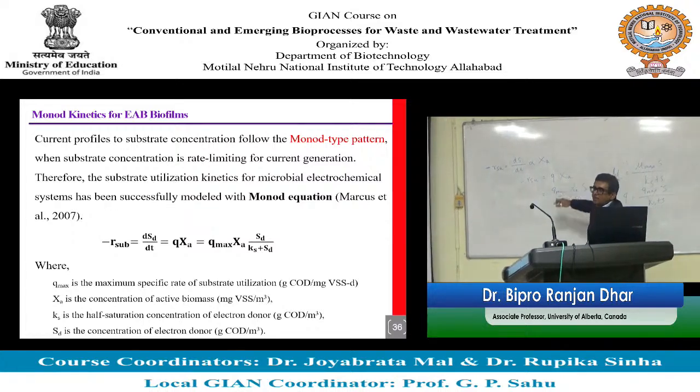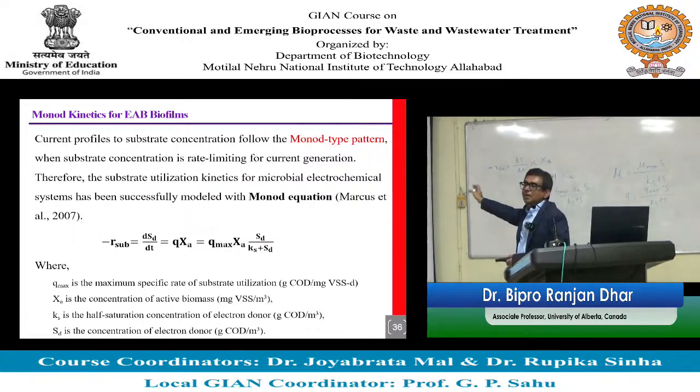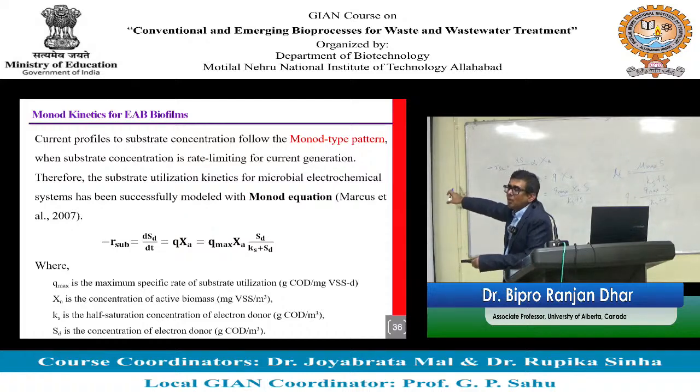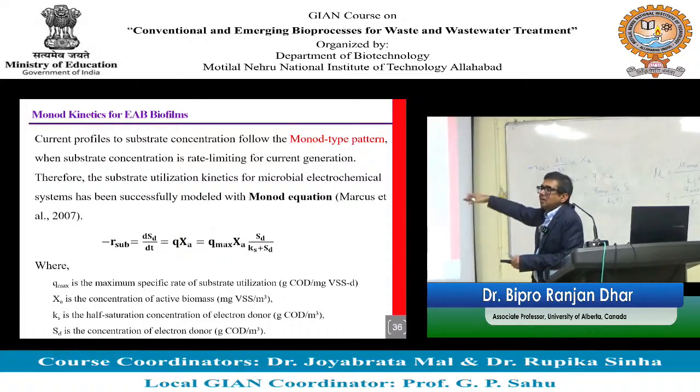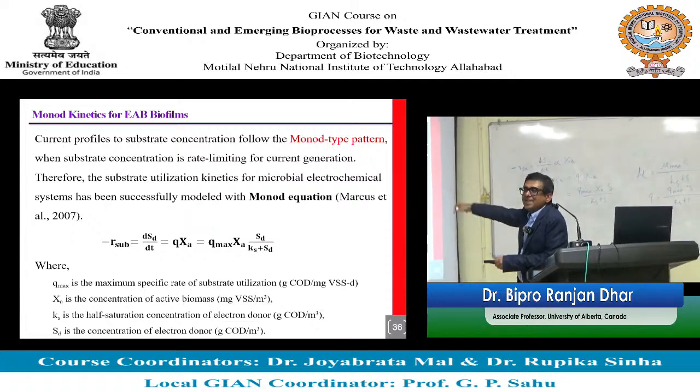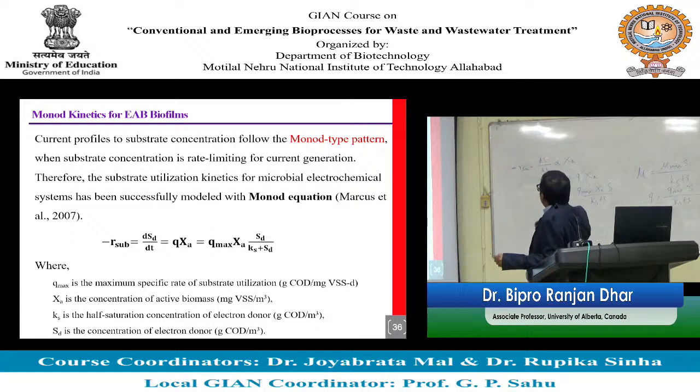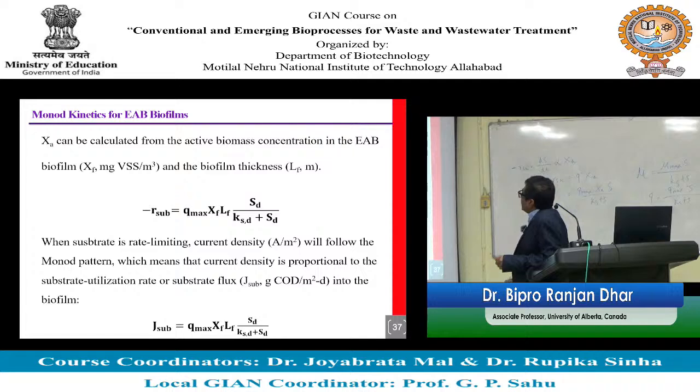I could put X, honestly speaking, but the person who developed the model put XA, so just to respect him, I am also putting XA. Other than that, it's nothing else, it is the same thing that we did. So you can see we have almost a similar thing here. This came from the Monod equation and substrate utilization rate. Now let's see the next step.